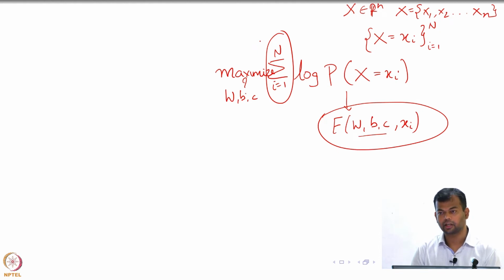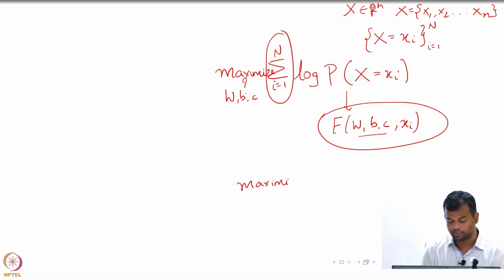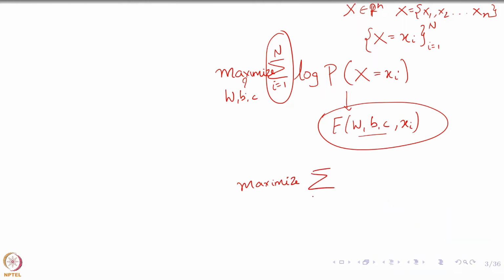Is that fine? Okay. Now let's look at a simpler case. Again I'll take the same case, where I want to maximize the log likelihood of the data that is given to me. Now what I'm going to assume is that this data actually comes from a multivariate Gaussian distribution, and I'm also going to assume that the covariance matrix is identity.